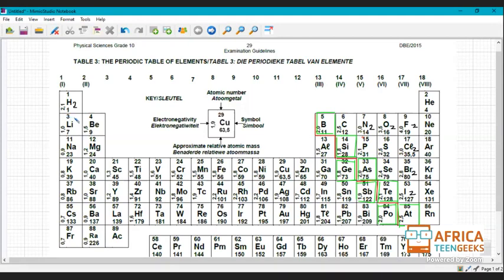The only other gases on this periodic table are the noble gases.